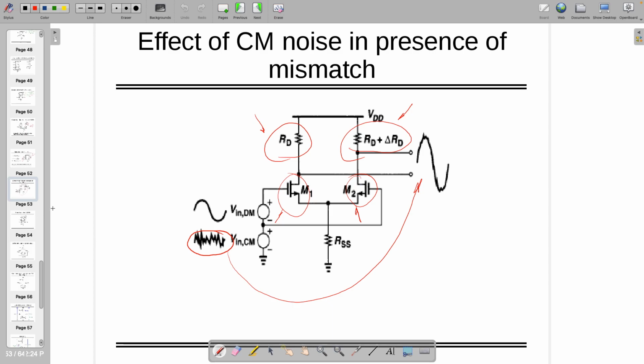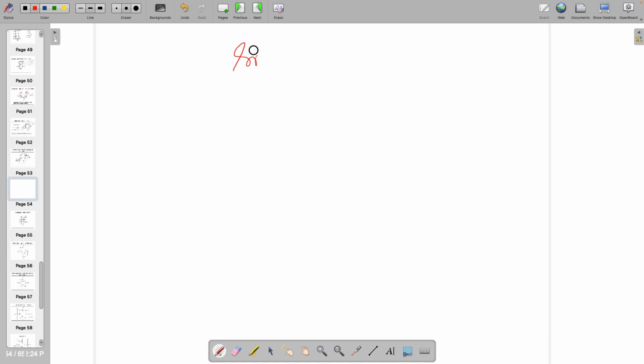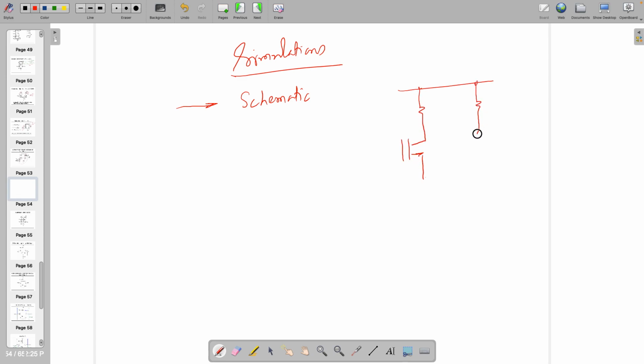In simulations, there are various kinds available. One is already known to you, the schematic simulation, where when you are designing, you make sure everything is fine. All the transistors and resistors have no problem, because the design values are in your hand.